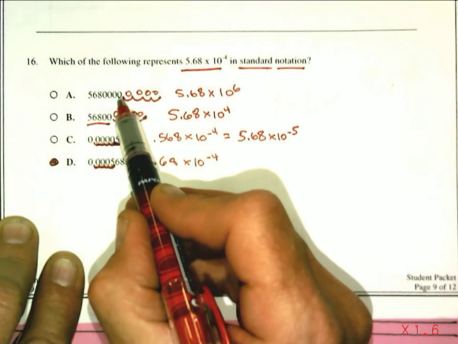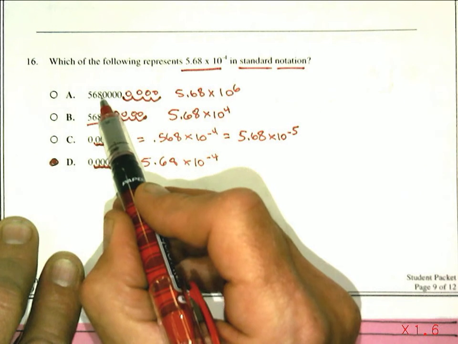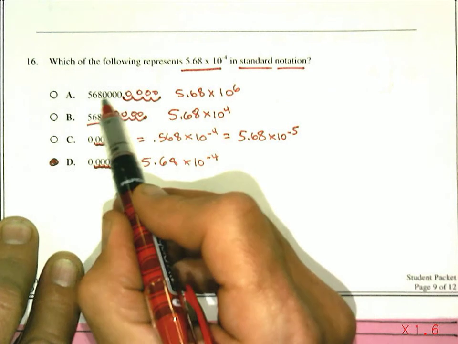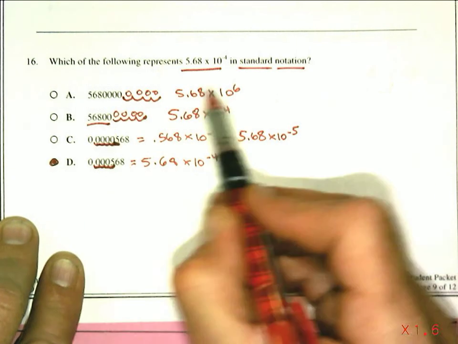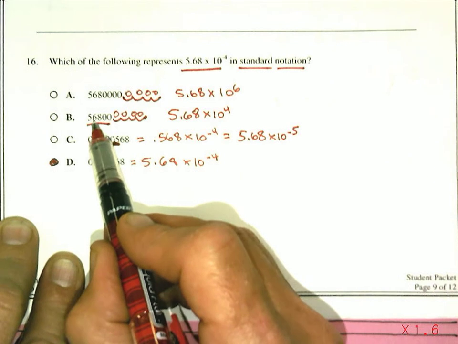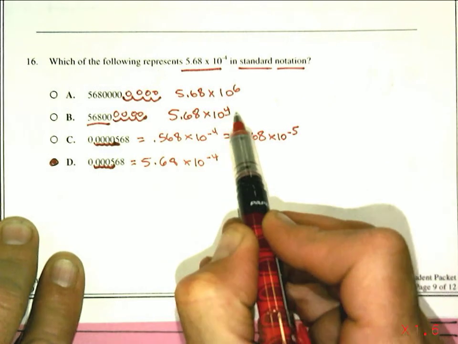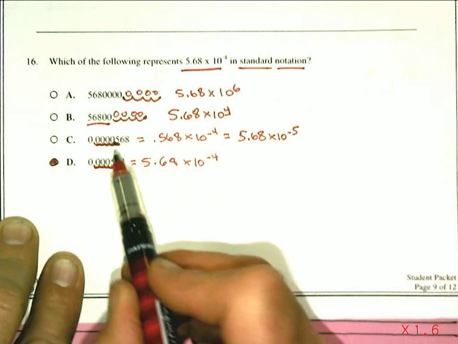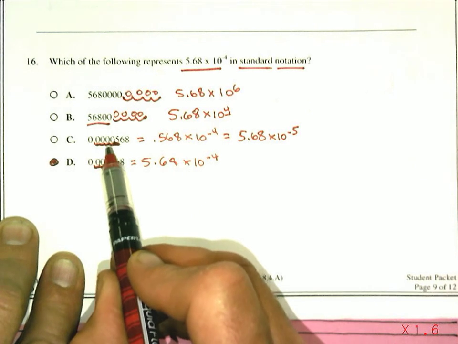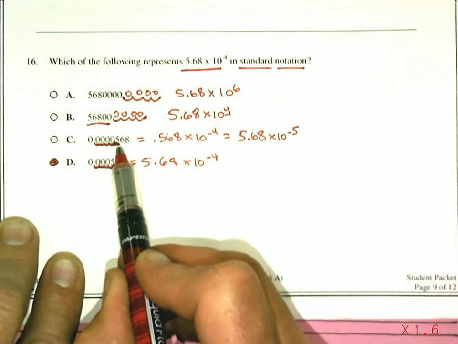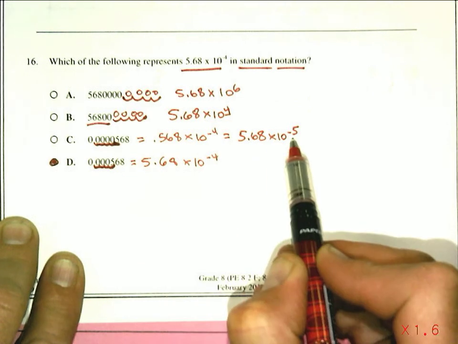1, 2, 3, 4, 5, 6 numbers over before I get to the first number. 1, 2, 3, 4 numbers over before I get to the first number. Going the other way, 1, 2, 3, 4, 5 numbers before the decimal point. So that's why it's to the negative fifth power.